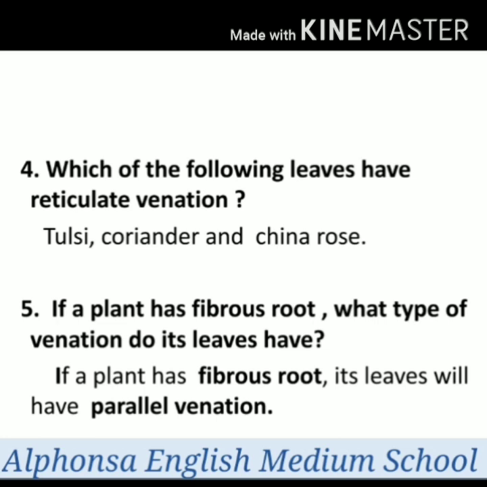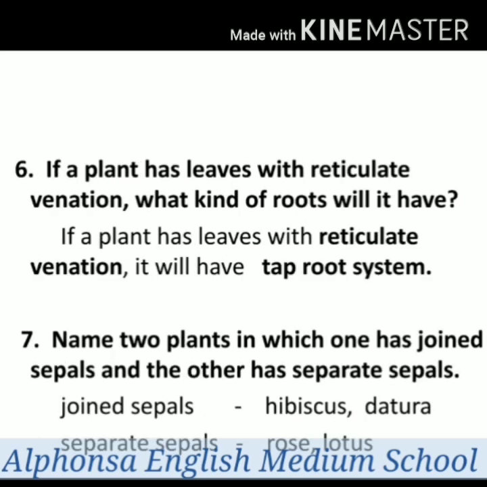Okay. Now the fifth question. If a plant has a fibrous root, what type of venation do its leaves have? Already we have learned that if the plants have a fibrous root system, the leaves will have parallel venation. If the plants have a taproot system, the leaves will have reticulate venation. Okay, sixth question.